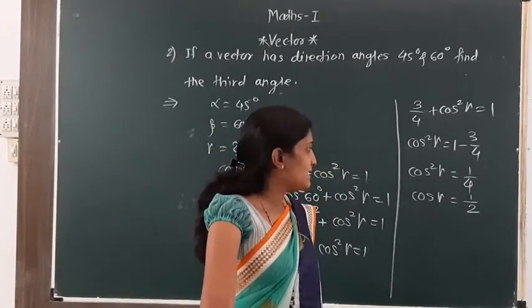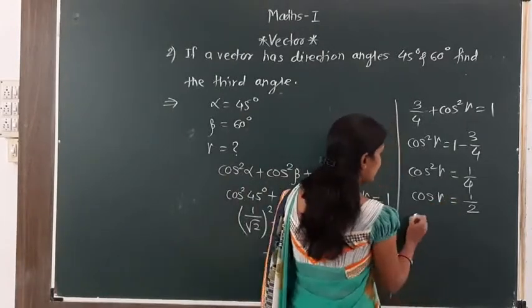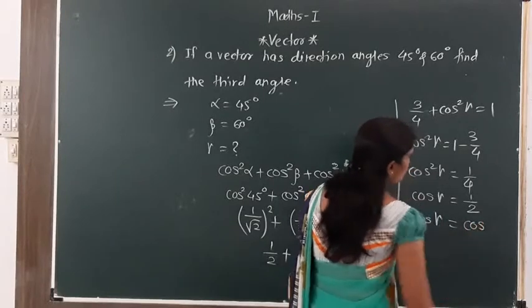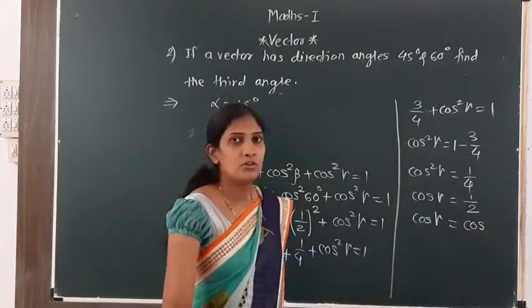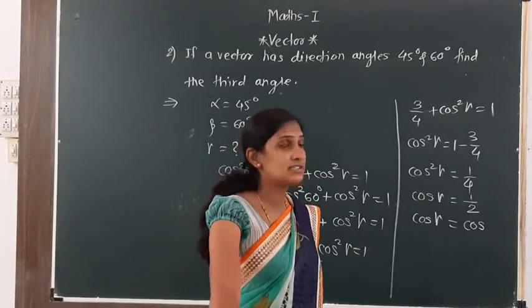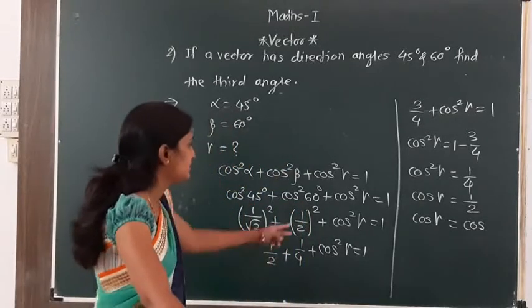If cos gamma is equal to 1 by 2, then what is the angle whose cosine is 1 by 2? It is 60 degree.